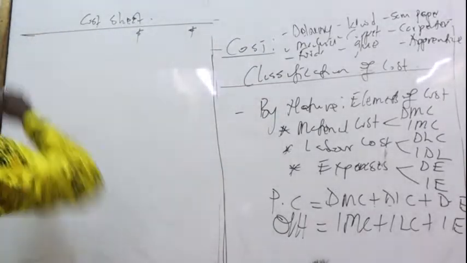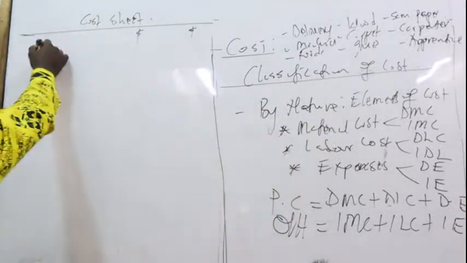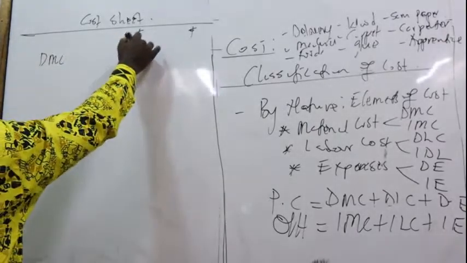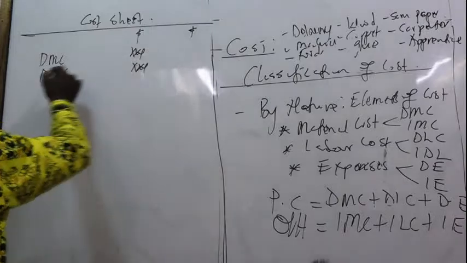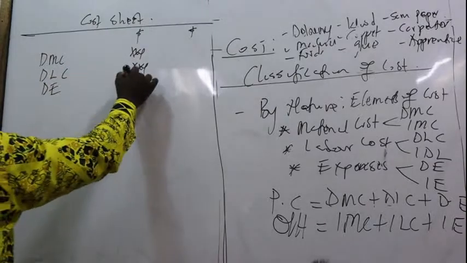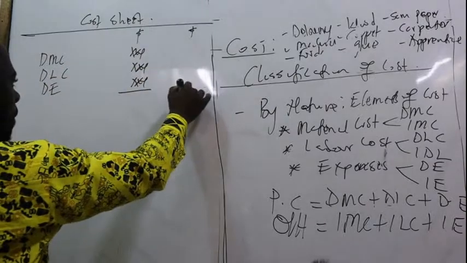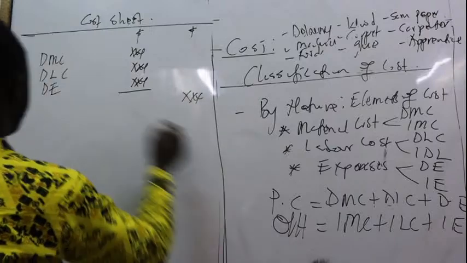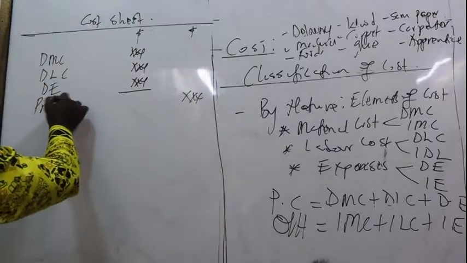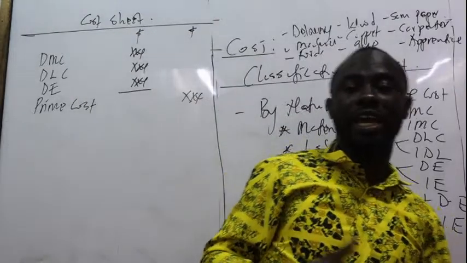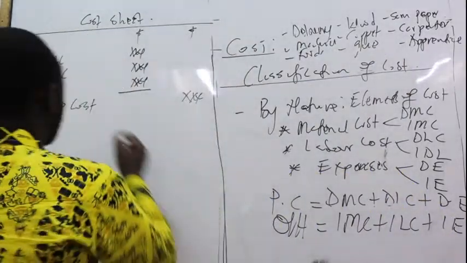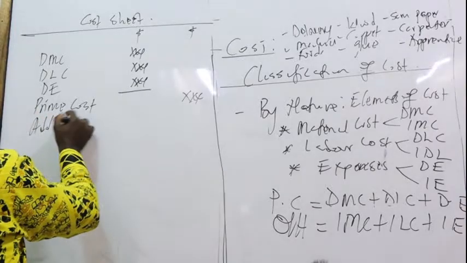So I'm going to do shortcuts, all right? So direct material cost will be brought, direct labor cost brought, direct expenses brought. Add all these up, that gives us what? Prime cost. We mentioned this earlier. Then after that, we're going to be bringing factory overheads. So we add factory overheads.